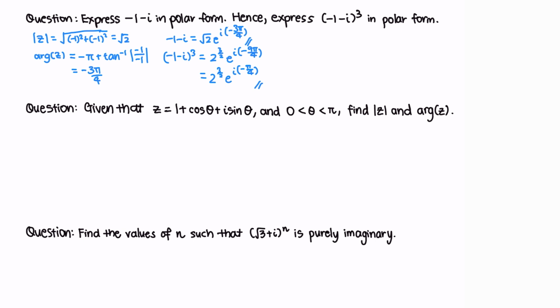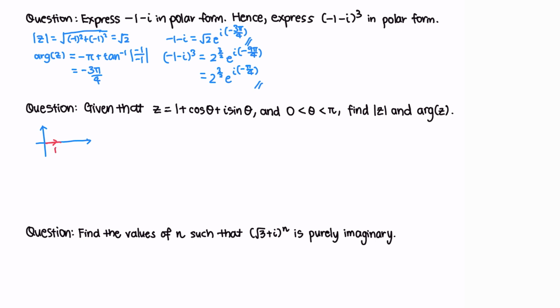What I want to do is express the complex number in terms of a vector. As you can see, I've been alluding to this, where you express complex numbers in terms of vectors. So I see over here, 1 plus cos theta plus i sin theta. When we have this, this is considered the addition of 2 complex numbers. And when you have the addition of complex numbers, I like to draw an Argand diagram.